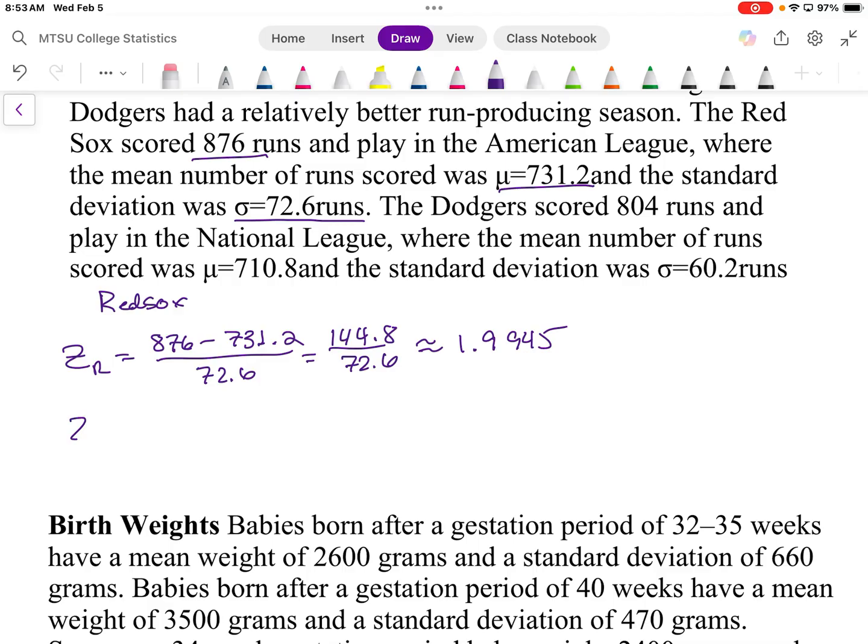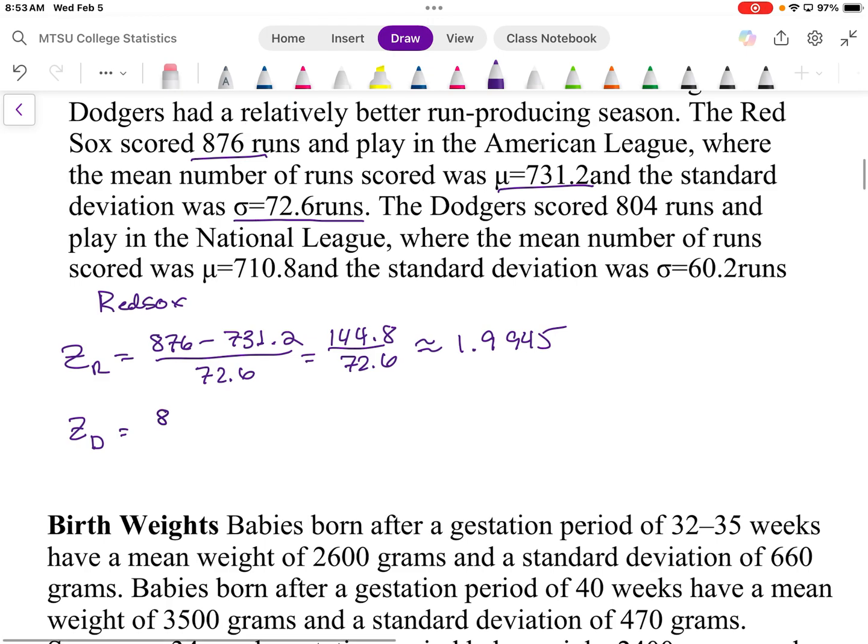Now, the Z-score for the Dodgers. They scored 804 runs. The average for the National League was 710.8, and the standard deviation for the National League was 60.2. So we go 804 minus 710.8.